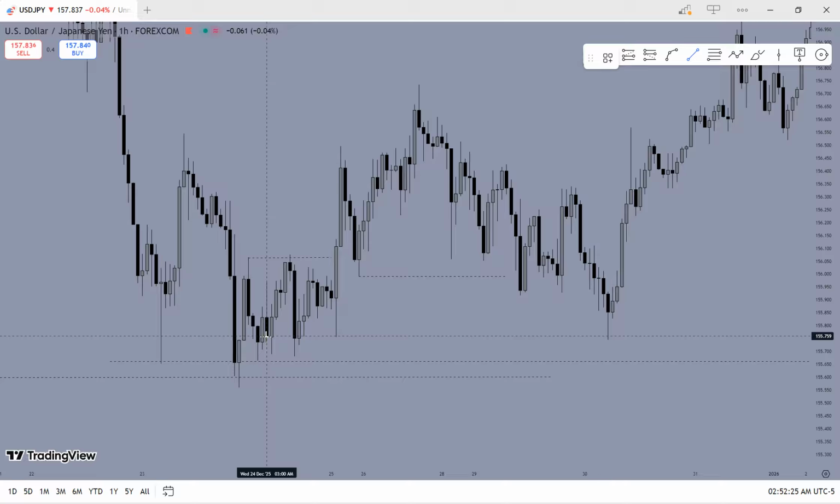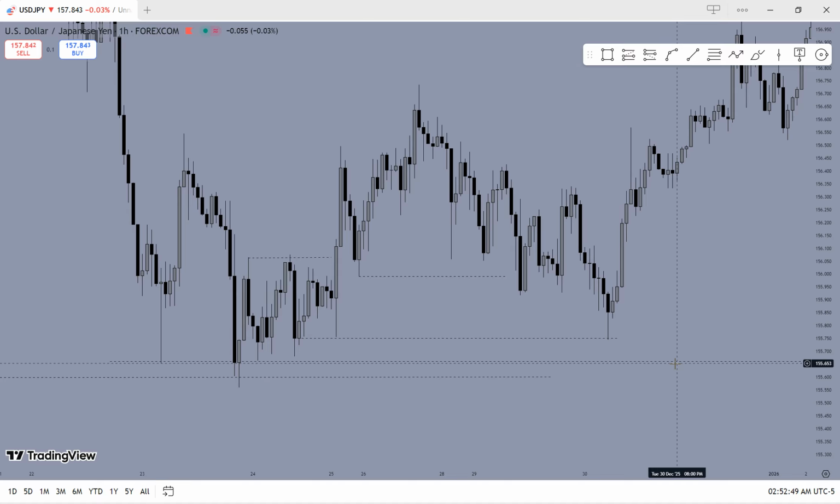We had this level right here that has been broken to the upside and used again by this one. It's no longer fresh. But we had this level right here, this A shape, a V shape level right here, which has not been used at all. You get? It has not been used at all.